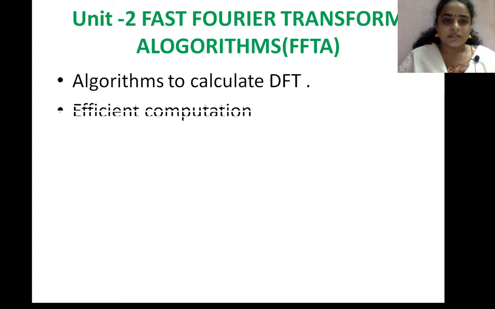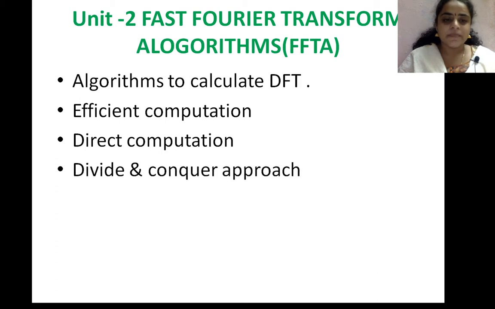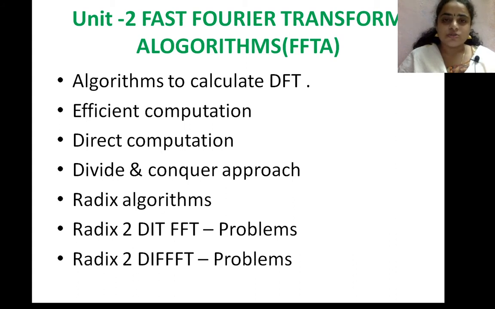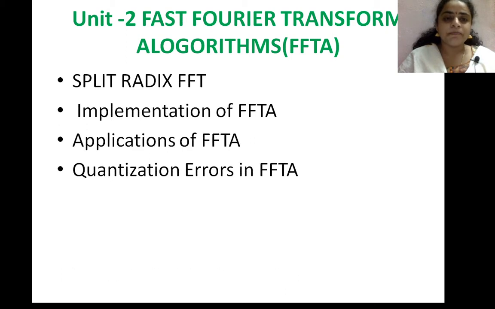First one is efficient computation method to calculate DFT. Second one is direct computation method to calculate DFT. Third one is divide and conquer approach. Fourth one is radix algorithms. In radix algorithms we will see radix 2 DIT FFT and problems, radix 2 DIF FFT and problems, radix 4 FFT, and split radix FFT algorithm.